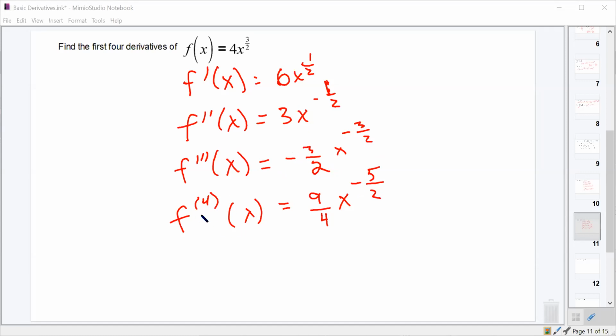Can you write a number in the top like that if there's too many apostrophes? Yeah, so for f prime, f double prime, and f triple prime, you write the apostrophes, but after that you just do the number, whatever, fourth derivative, seventh derivative, and so on. Does that make sense? Yes, thank you.